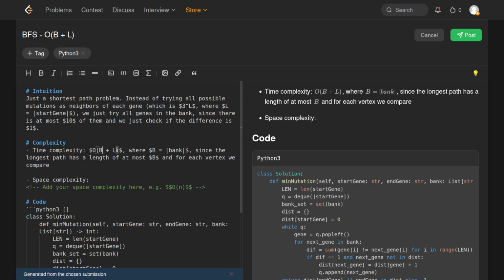Nah, it's actually bank squared. L times B squared.